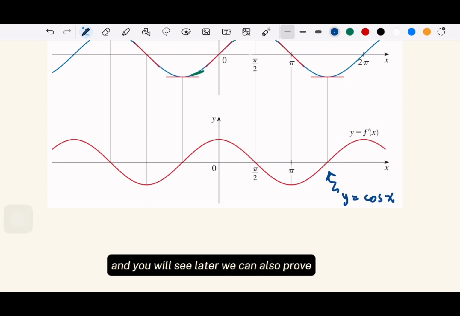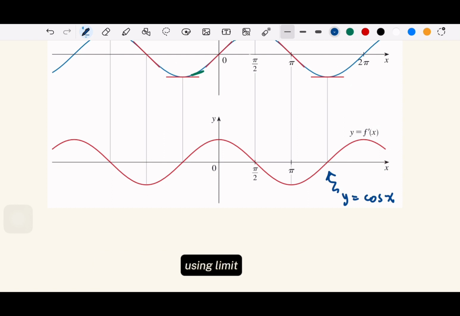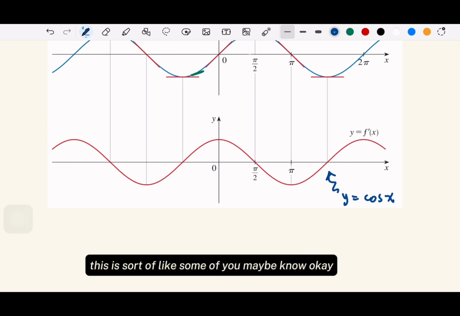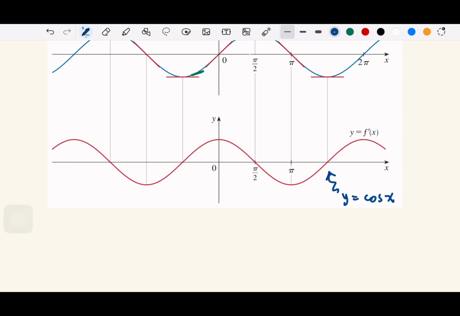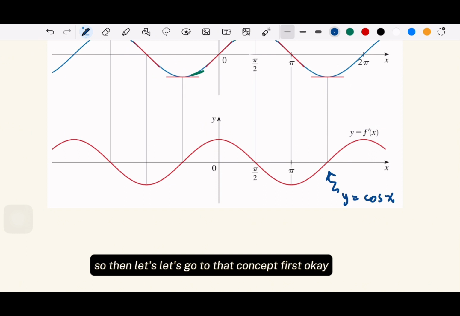We can also prove how to derive sine becoming cosine with the differentiation definition that we did before using limits. Some of you maybe know that the derivative of sine is cosine, but how and why, right? So let's go to that concept first.